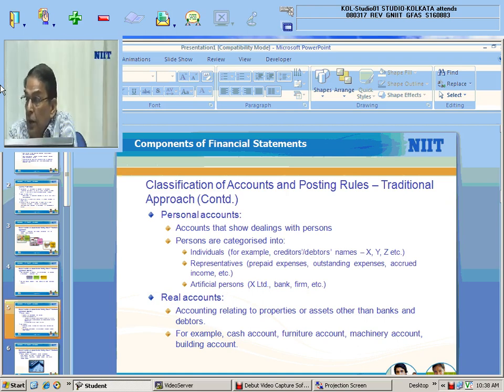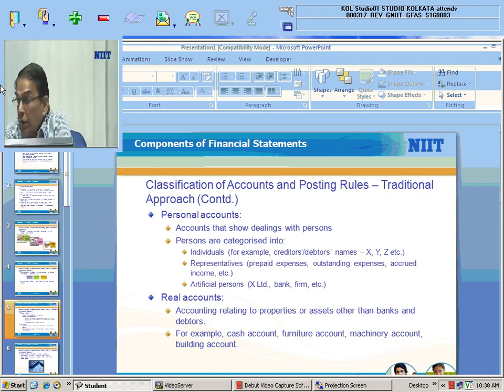Real accounts are basically accounts relating to properties or assets other than banks and debtors. Balance held in the bank account is an asset, but that is not a real account. Or account receivable from the debtors is not taken as real account.